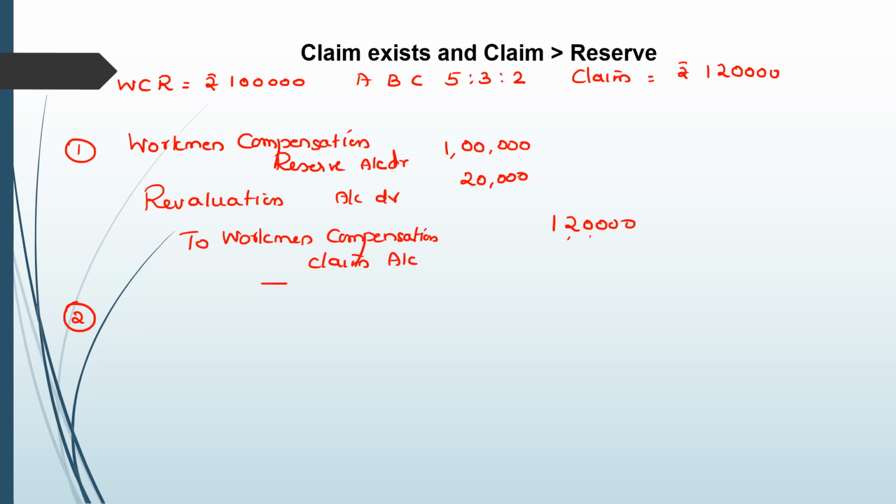how do we close a revaluation account? After passing all the entries, we close it by transferring the revaluation profit or loss to the partners' capital or current account. And similarly here also, because revaluation account has been debited here, we have to credit it. So the debit goes to the partners' capital account.